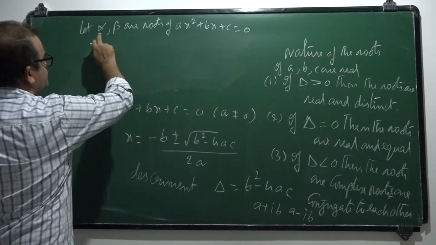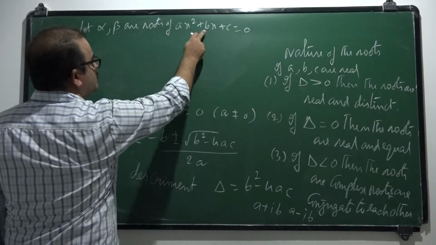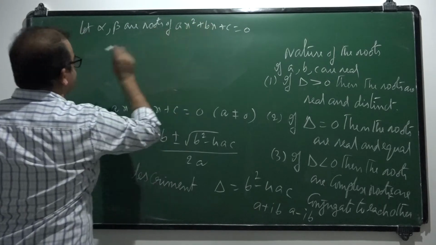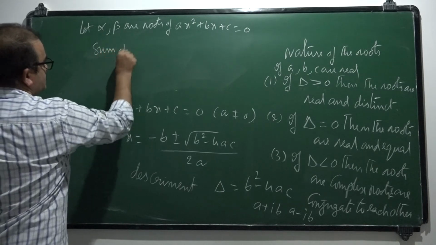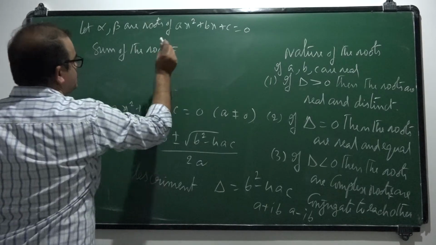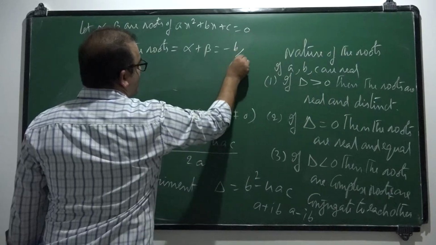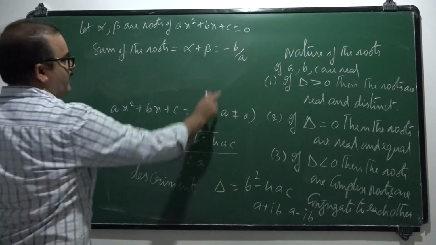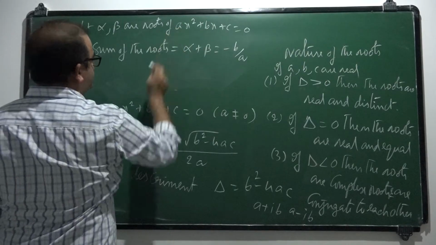Now we discuss the relation between roots and coefficients. What are coefficients? A, B, C. The relation is sum of the roots is equal to alpha plus beta, that is minus b by a, minus of x coefficient by x square coefficient.